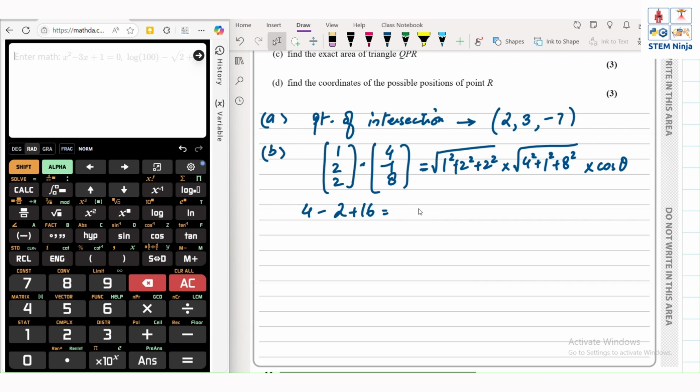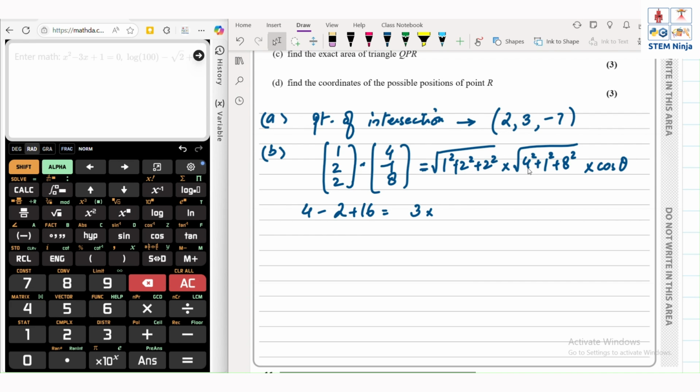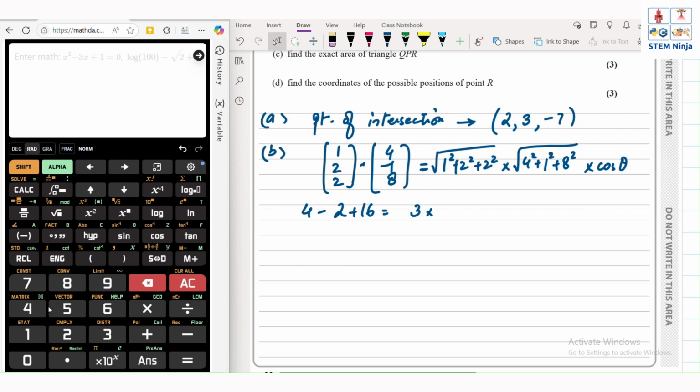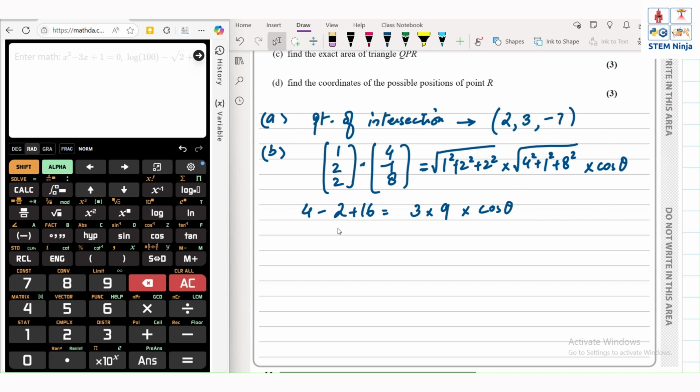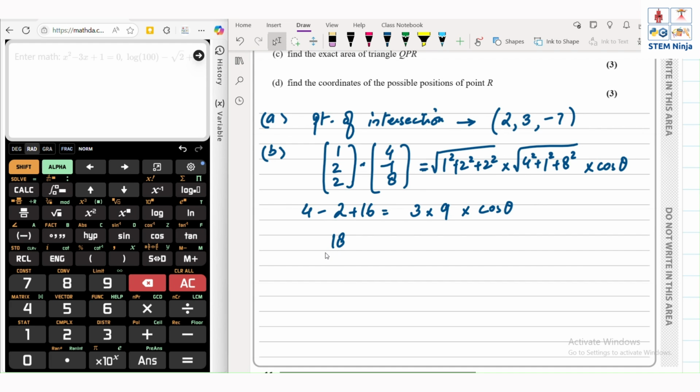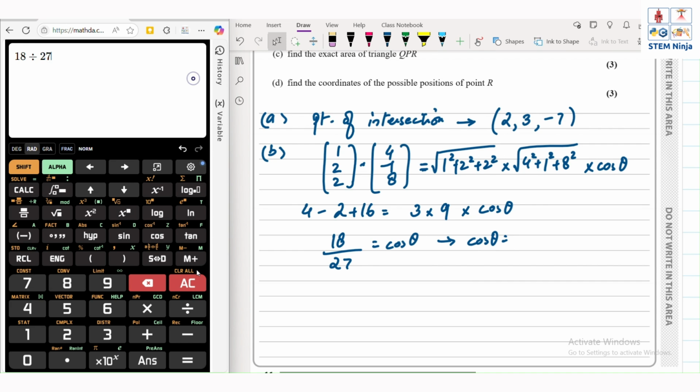That equals 4 plus 4, 8, 8 plus 1, 9. The square root of 9 is 3, times the square root of 16 plus 1 plus 64, that is also 9, times cosine theta. So 2 plus 16 is 18, divided by 27 equals cos theta. So therefore, cos theta is equal to 18 divided by 27.